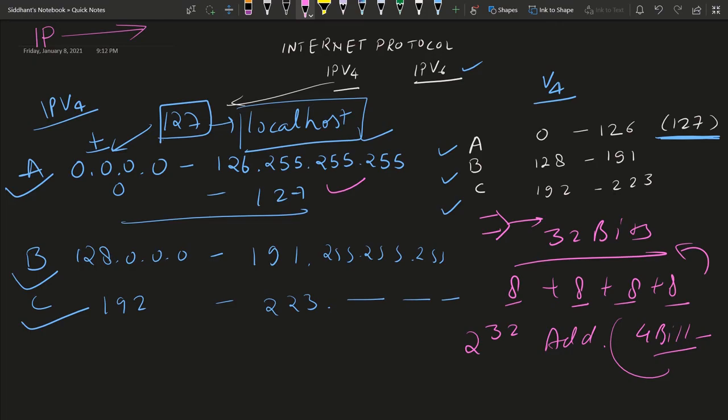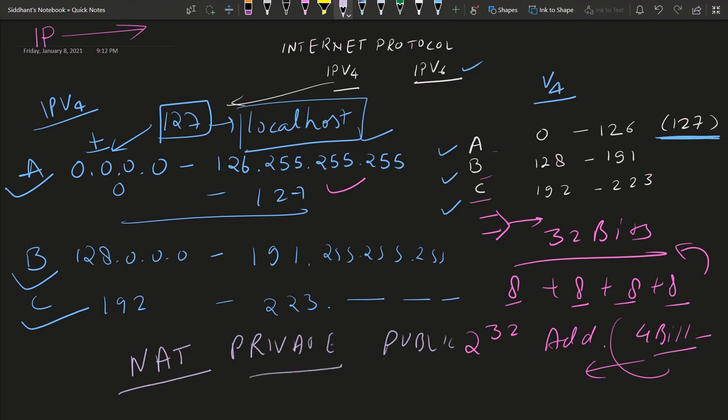So we are left with only class A, class B and class C, which we use in real life. So the number is even less than 4 billion, but the internet has more than 4 billion devices nowadays. The internet has somewhere around 15, 20, 30 billion devices. So how are we managing these IP addresses? We are managing them with a technique called NAT, which is Network Address Translation, to translate our private IP addresses to public IP addresses.